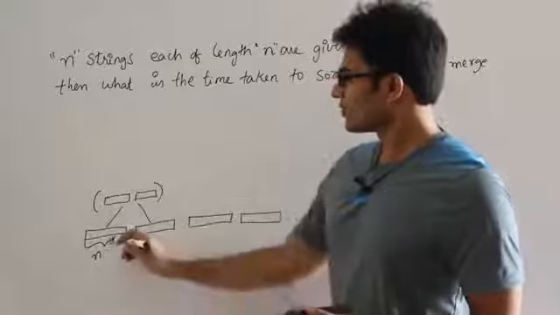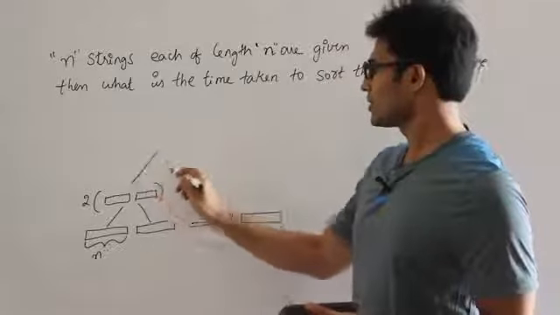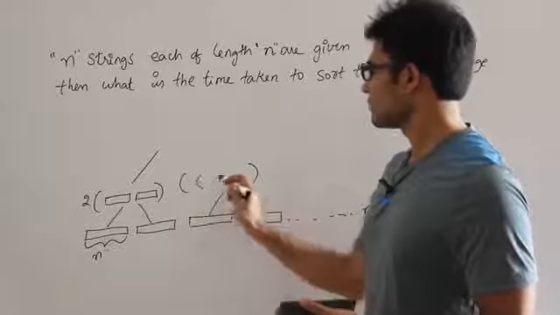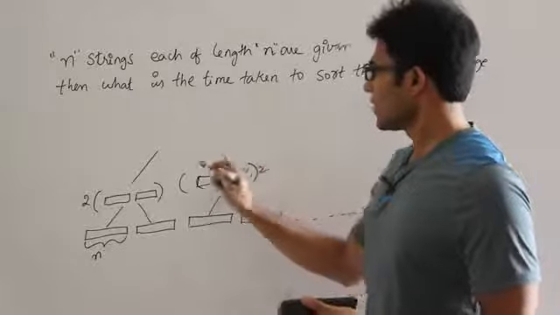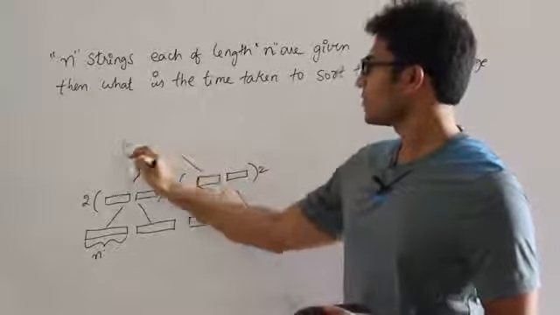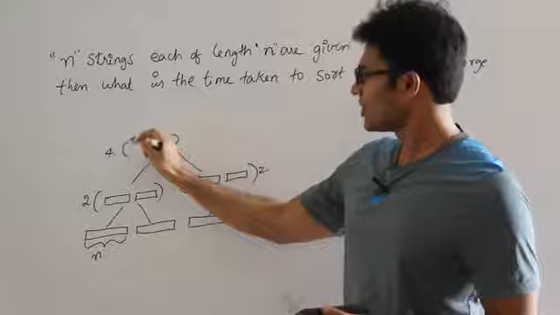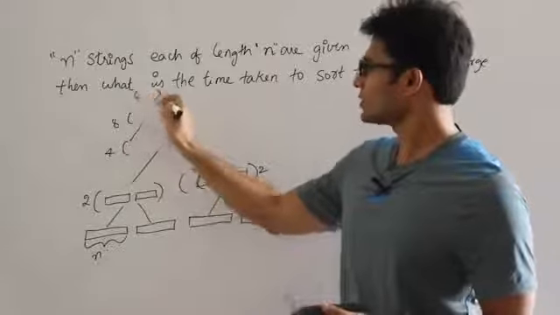Now the size of the list is 2, and I combine two such lists into a list of size 4, then size 8, and so on, until I reach a list of size n.